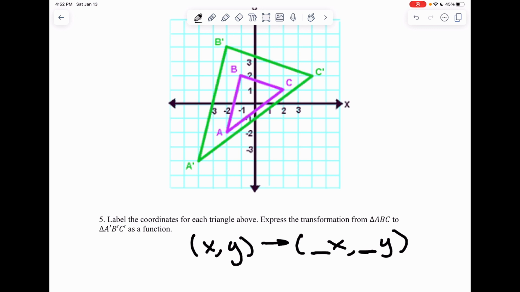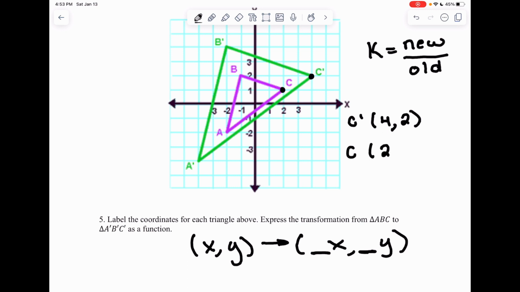Well, as we said in the last example, I need to pick one set of new and old points and make this ratio. Since every single pair of points has the same scale factor, I'm just going to pick the C's. So C' is at (4, 2), and C is at (2, 1).